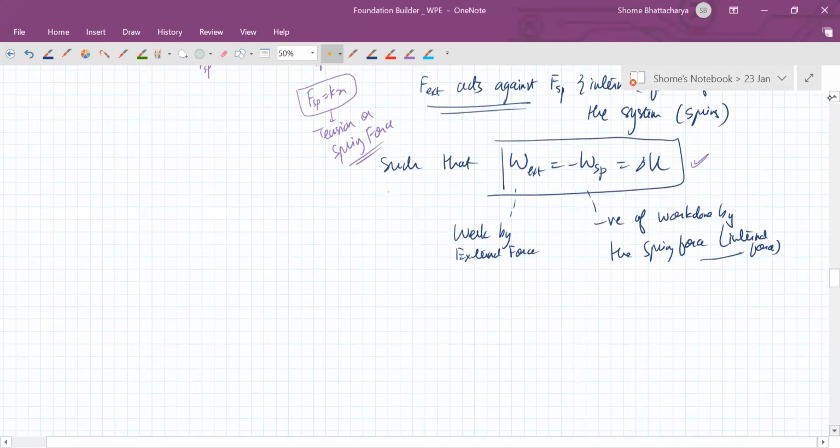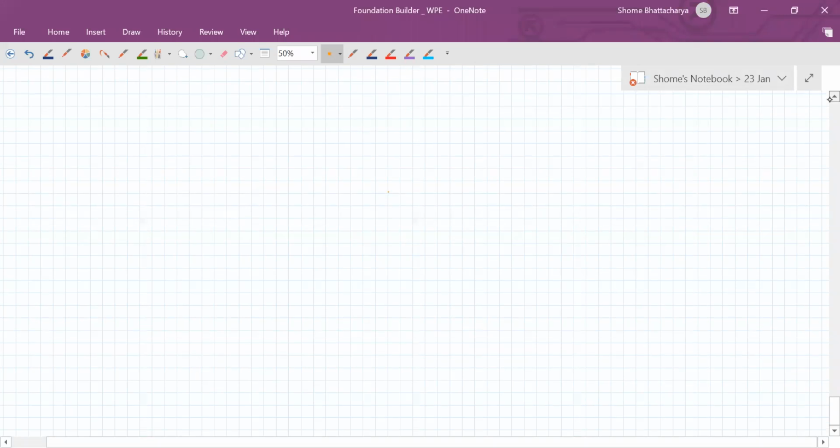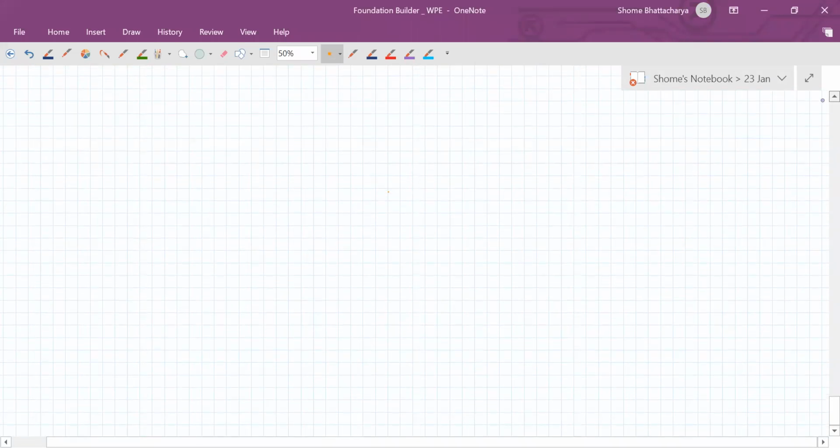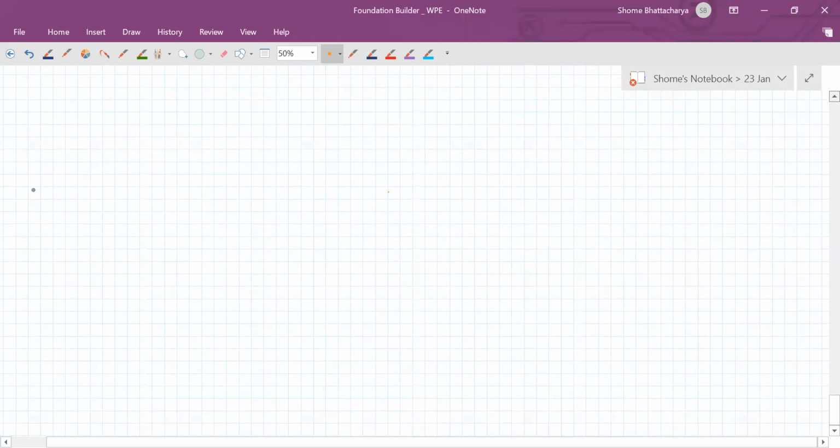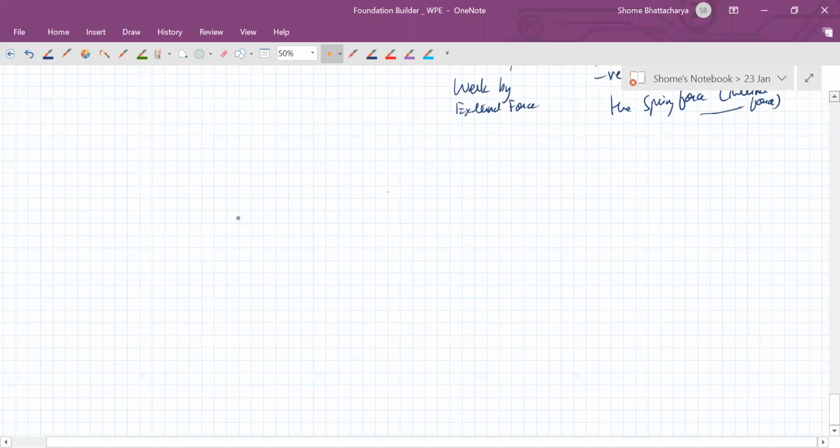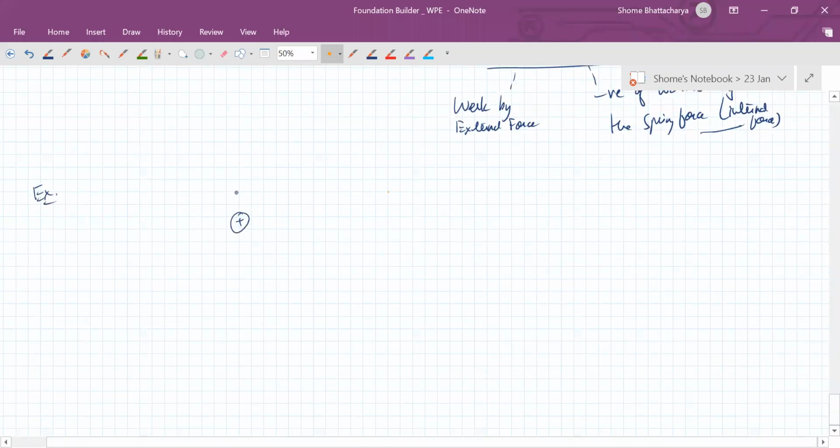So, similarly, you could have any other type of system also. Suppose we are talking about a system of two charged particles. Another example could be a positively charged particle Q1 and a negatively charged particle Q2. There is the internal electrostatic force that acts between them. Now they're at some distance x.